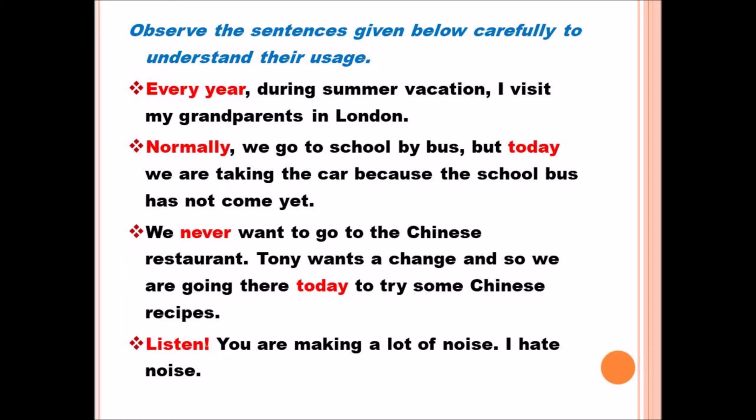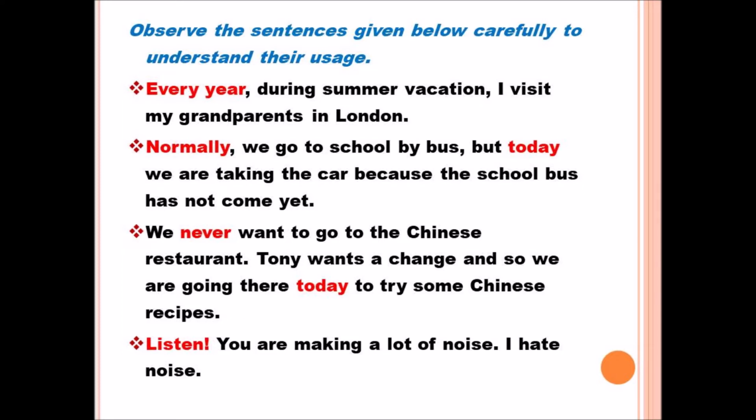So they have used are taking. We are taking. So are is a be form of verb and take is the verb. We have added ing with that. So for today, that is a keyword for present continuous tense. So we have used we are taking the car because the school bus has not come yet.